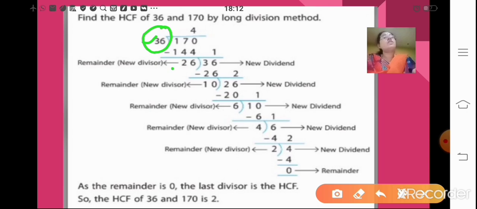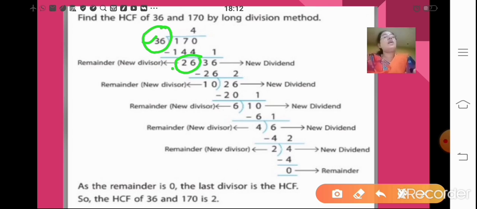Correct? So now again divide it. 26 1s are 26. Now 36 minus 26 will give you 10. Now this remainder 10 will become your divisor and this 26 will become your new dividend.